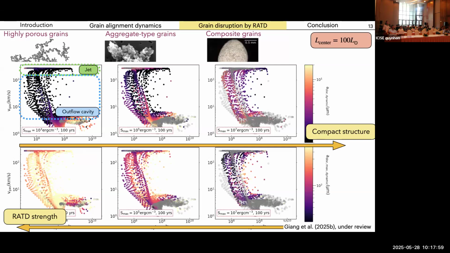My comment is that from your model, please also show the beta index from your simulation corresponding to it. It's extremely useful to observers, because as observers, people will calculate the value, and we can also see what kind of porosity would give a small grain cavity wall or a large grain cavity wall. It will be very useful.